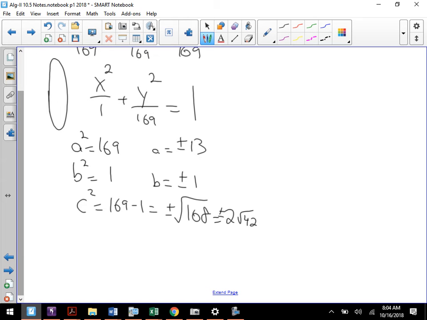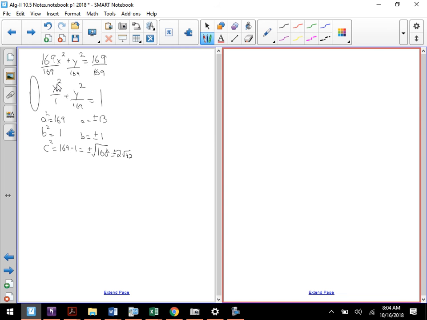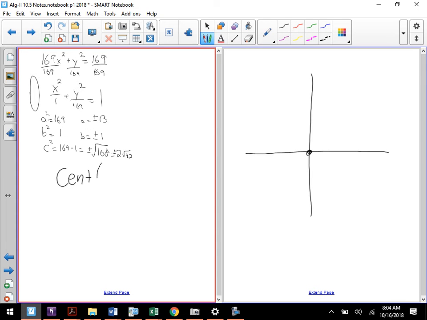Now, when we graph that, we're going to guesstimate close-ish. Remember that? Isn't the square root of 168 really close to the square root of 169? So it's like 12.9-ish. So now we just start plotting. When we plot these things, as you guys remember, hopefully, our center is at the origin, so your center at 0, 0.